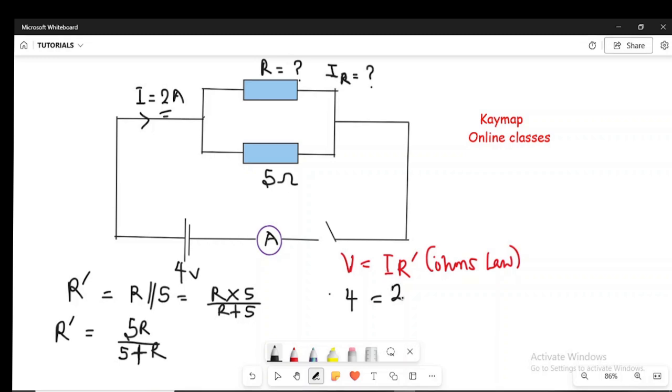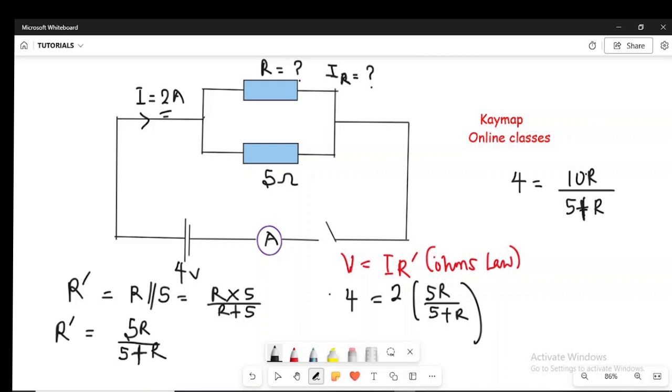I will be equal to 2. Now what is our R prime? So I'm going to substitute this. That will give us 5R over 5 plus R. Now by the time we distribute this, we're going to have 4 equals 2 times 5R, which will give us 10R over 5 plus R.